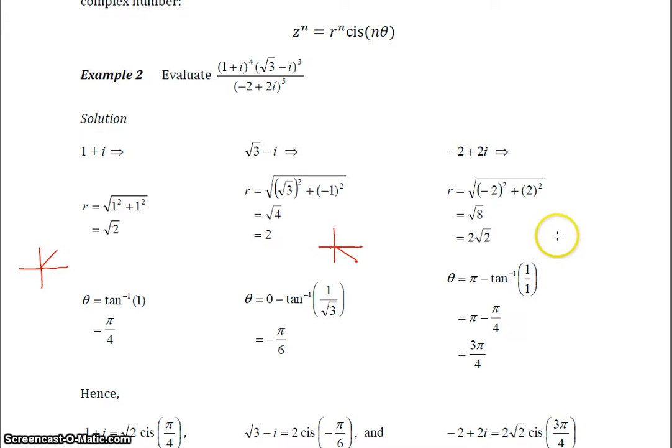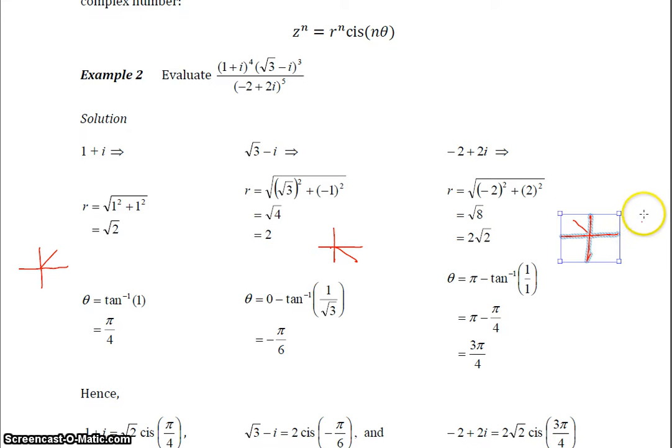And then thirdly, negative 2 plus 2i: the negative real and positive imaginary parts mean that it's in the second quadrant. So to get the appropriate argument for that, we go around to pi and then subtract our basic angle.